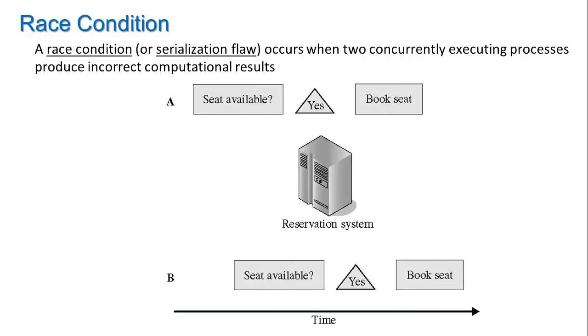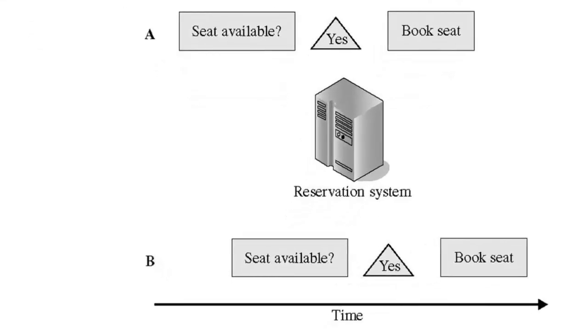The next common software program vulnerability that I would like to discuss is known as a race condition, or a serialization flaw. A race condition occurs when two concurrently executing processes produce incorrect computational results. As an example of a race condition, consider this figure, which represents a poorly designed airline reservation system.